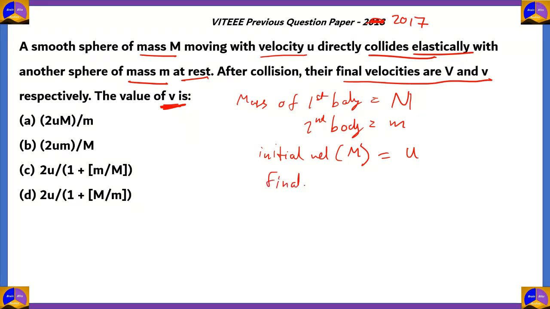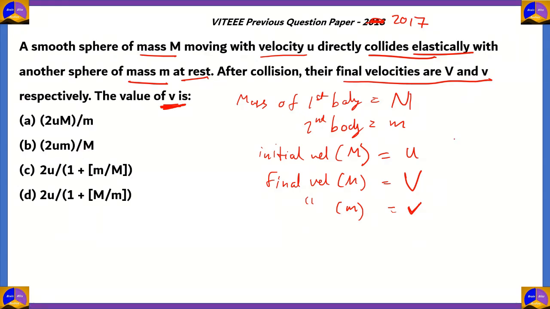The final velocity of capital M is capital V, and the final velocity of small m is small v. So, basically uppercase V and lowercase v respectively. So we need to find the value of lowercase v with respect to mass and initial velocity.